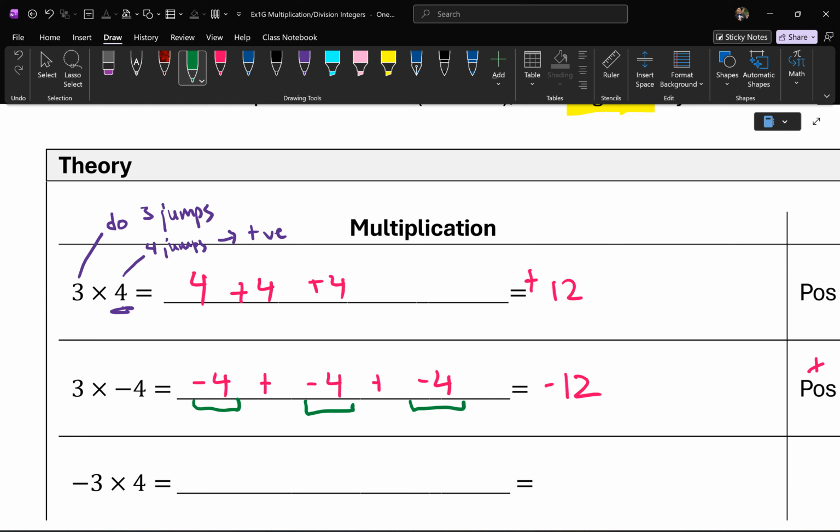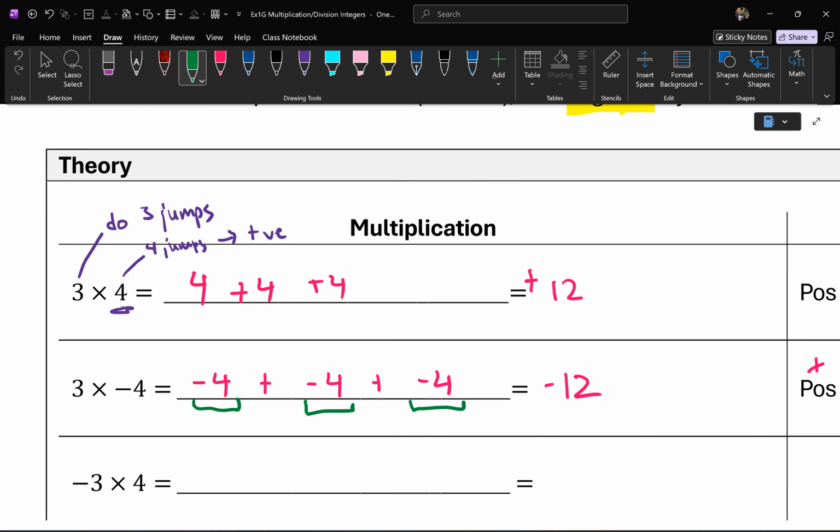So you might question, what does negative 4 mean? If you think in terms of money, positive 4 is credit. You've got $4 in your pocket, that's 1 group, plus another $4 in your pocket, that's 2 groups, then plus another $4 in your pocket, that's now $12 in total.